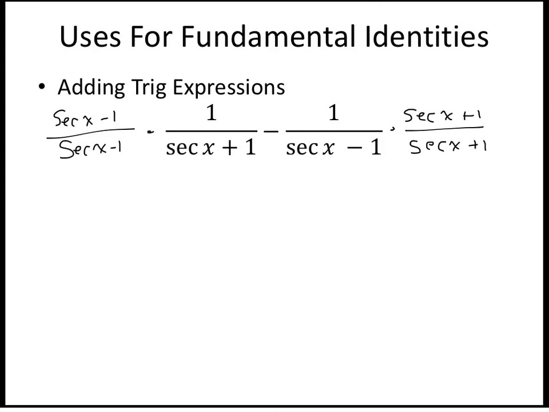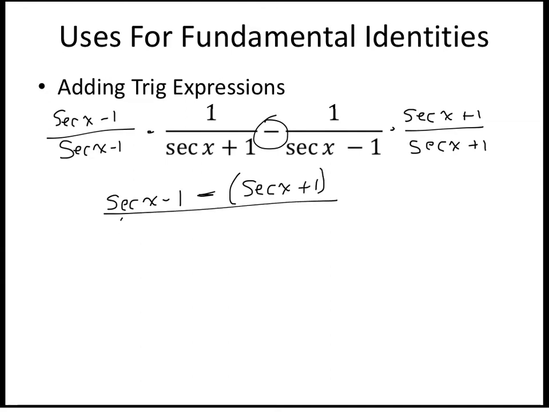Okay? So I've got some multiplying to do. So this will be secant of x minus 1, and then a minus secant of x plus 1, all of that over my common denominator, which is secant of x minus 1 times secant of x plus 1.